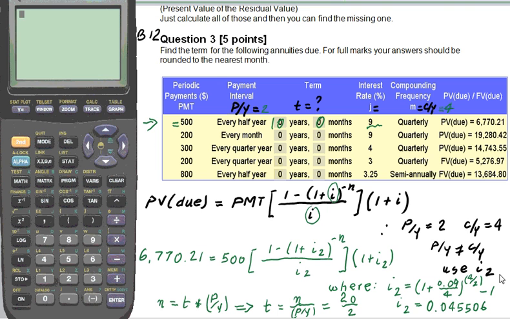Now if you're using the TI-83/84, first we're going to calculate I sub 2.